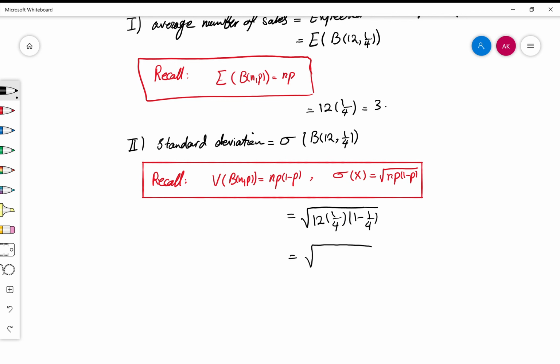So this gives me 12 times 1 over 4 times 3 over 4, and you see the 12 cancels with the 4, you get just 3. 3 times 3 is 9 over 4, square root of that. Remember, standard deviation is always the positive root, so it will be 3 over 2.